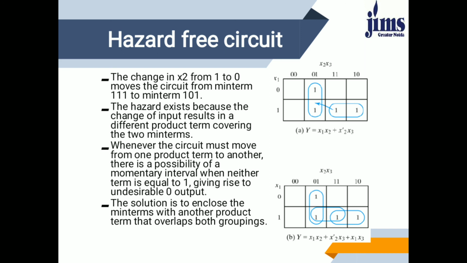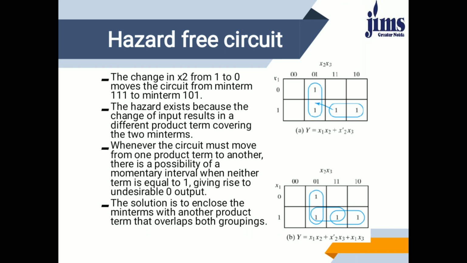So the change in x2 that was done in the last example from 1 to 0 moves the circuit from minterm 111 to minterm 101. And the hazards exist when a change of input results in a different product term covering the 2 minterms.